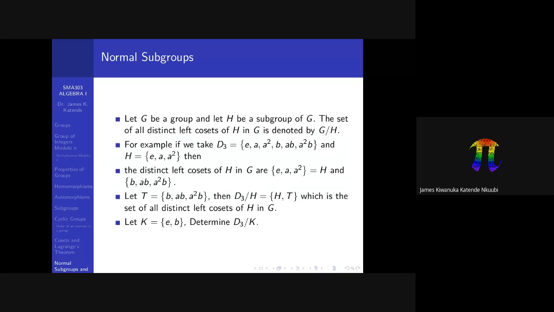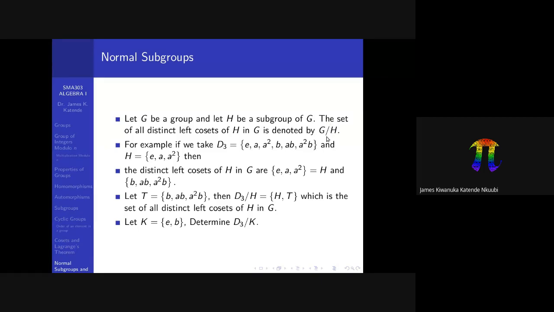We'll just make one definition and stop there for today. Let G be a group and H be a subgroup of G. Then the set of all distinct left cosets of H in G is usually denoted by G/H.